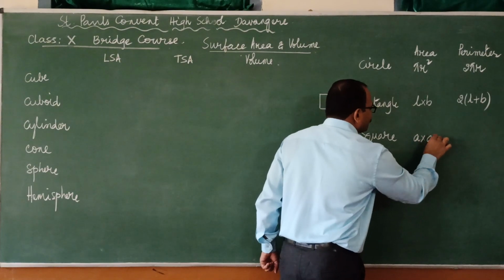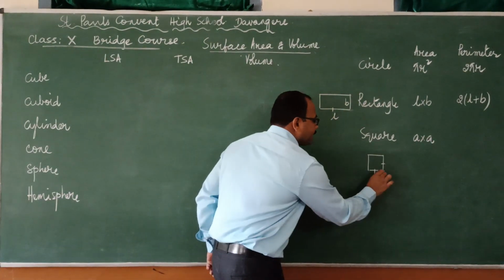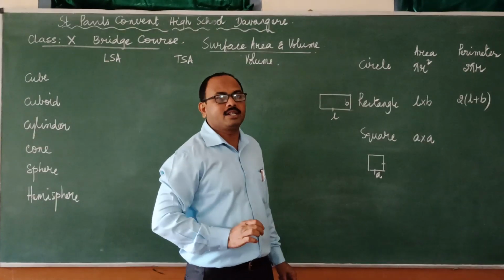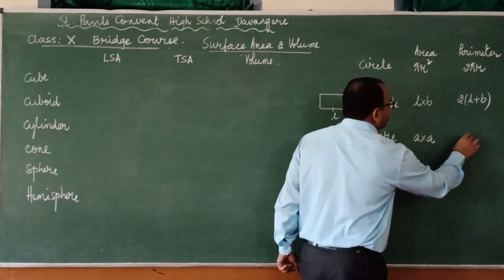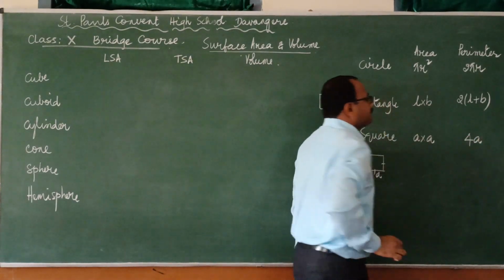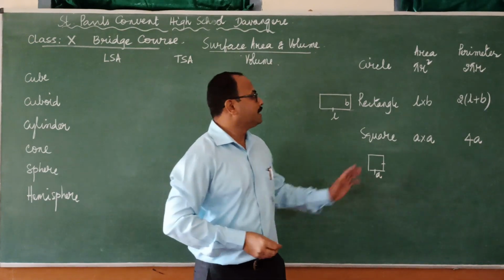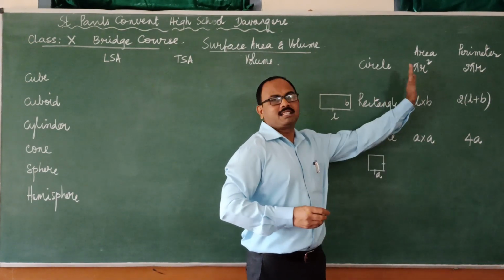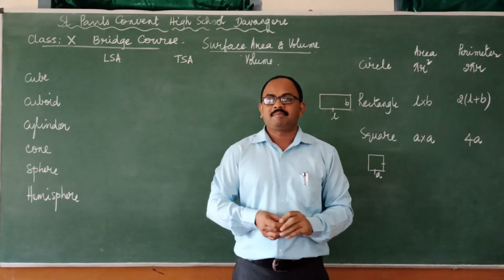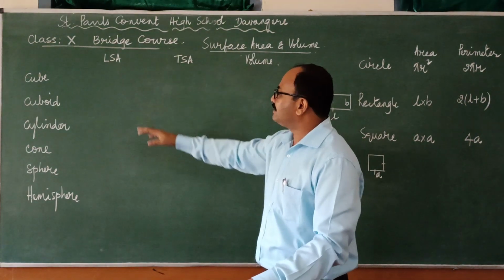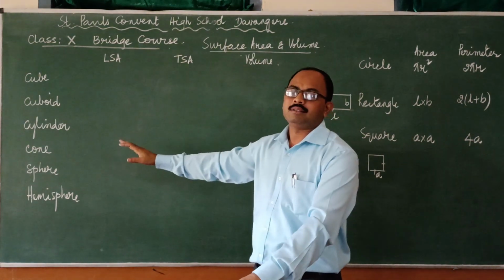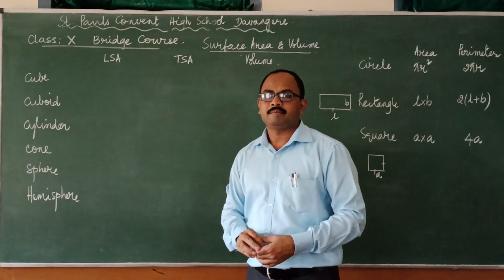Or A into A, where A is considered as the side. Its perimeter becomes 4 times A. These things will be very helpful in learning the formula part of this lesson, children.